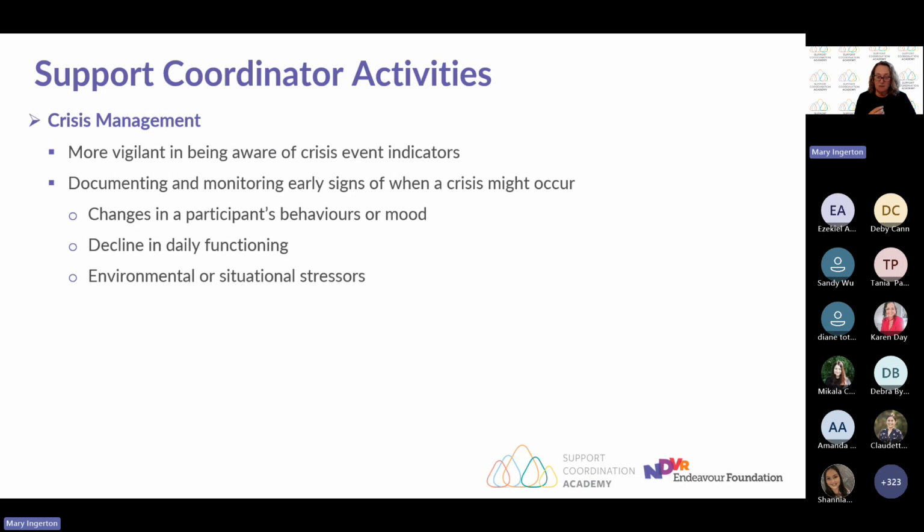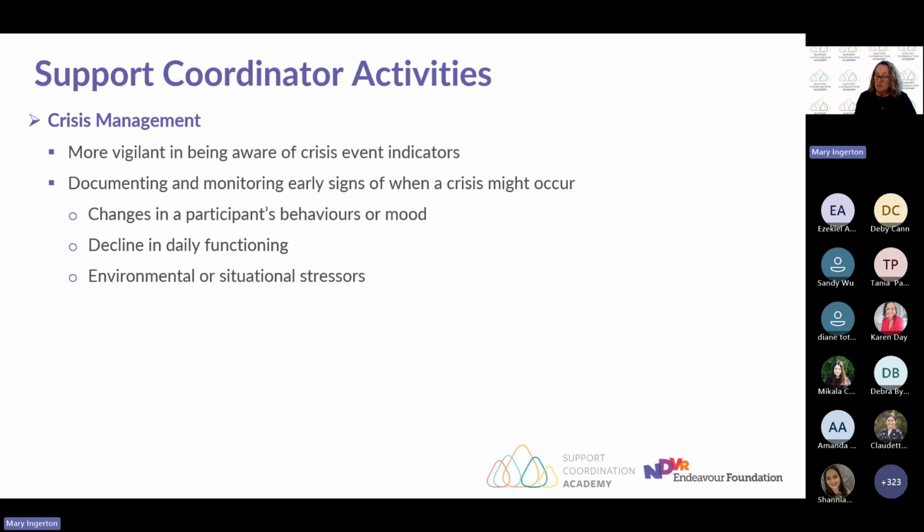So it could be some signs around someone might not be attending work or refusing to go to day programs, neglecting hygiene or medication routines. It could be a regression in their skills or an increased reliance on others to complete daily activities. So again, just thinking about what are the changes in this person's behaviours or their environment that might indicate that a crisis is coming, and trying to be a bit more proactive.